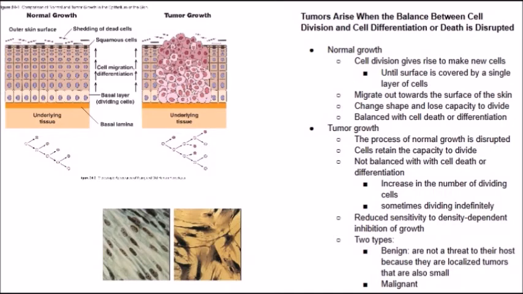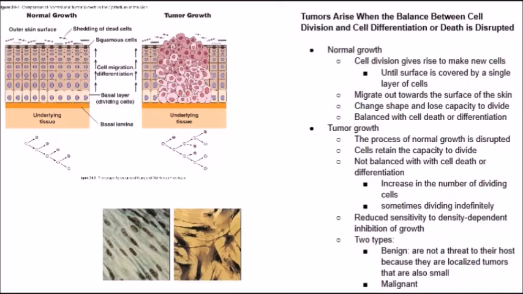In the following figure, it compares normal cells to tumor cells. Normal cells rise towards the outer surface, changing shape and losing capacity to divide, while the tumor cells rise towards the outer surface but still maintain their ability to divide. This is all shown in the lighter area.